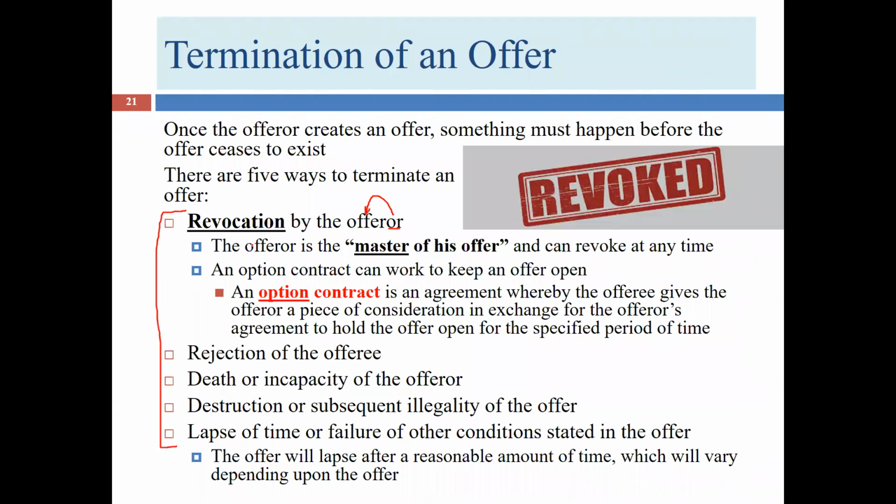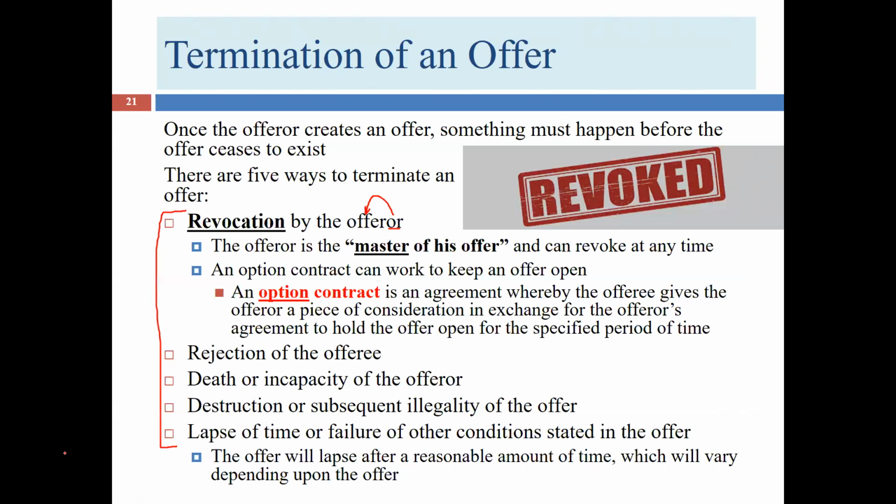The idea here is that the offeror is the master of his offer or her offer, and he or she can revoke it at any time. The offeror in contract law generally is about volunteers. It's about people who are choosing to enter into these relationships. Nobody is making them enter into these relationships.